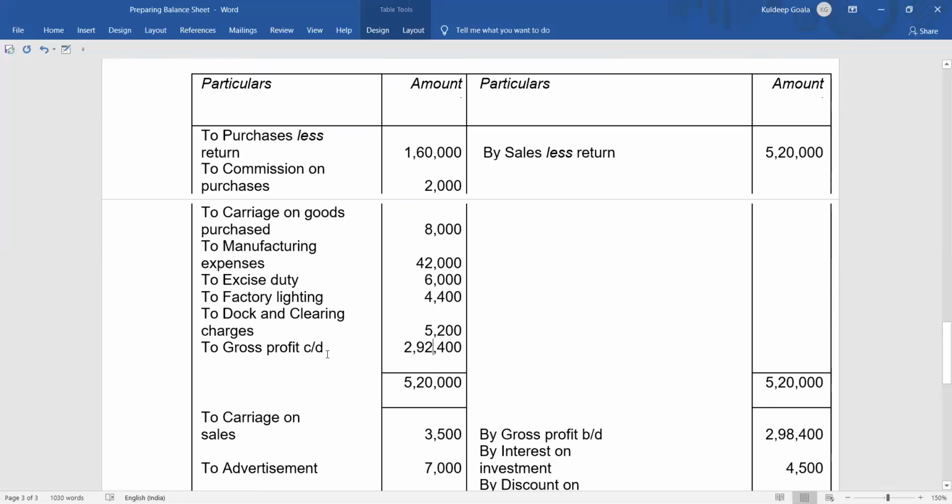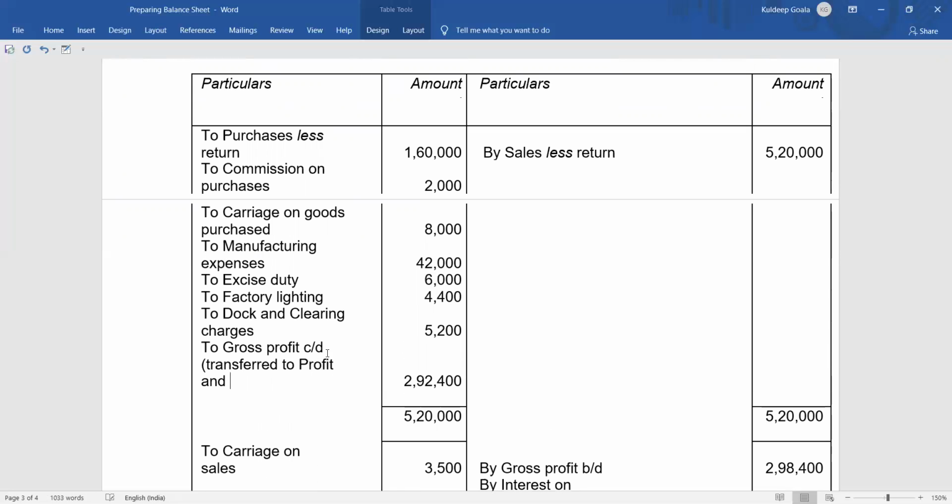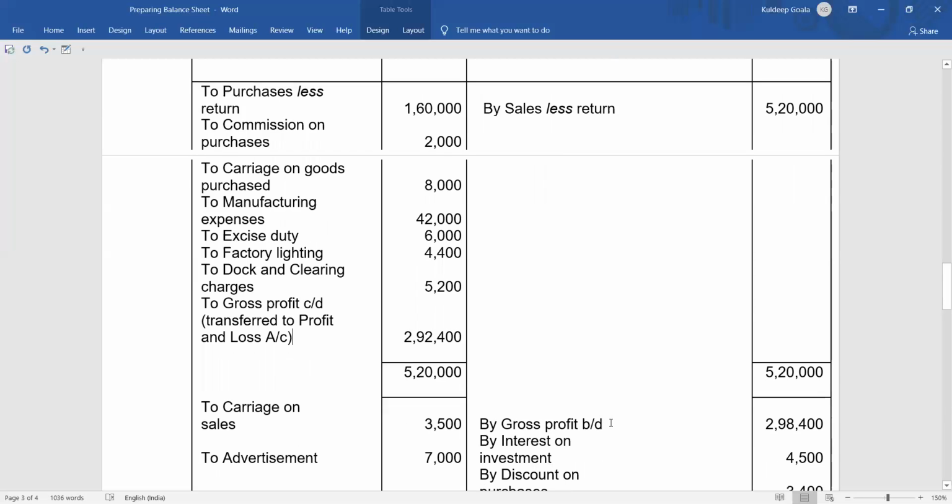What will you write? To gross profit carried down, in the bracket you can write transferred to profit and loss account. Right? Okay, now this will be brought down by gross profit brought down, and what will you write here?